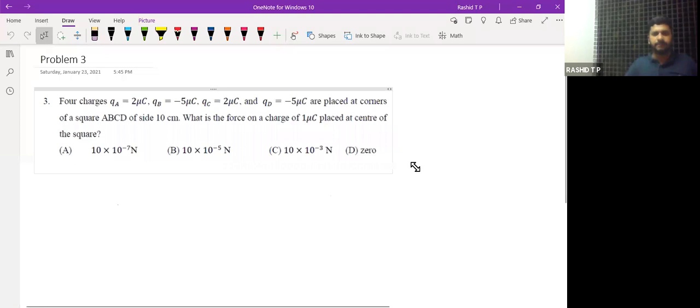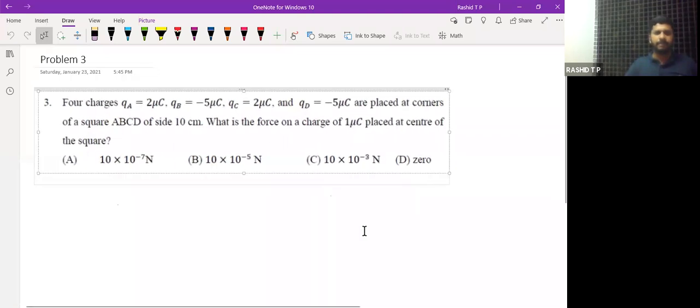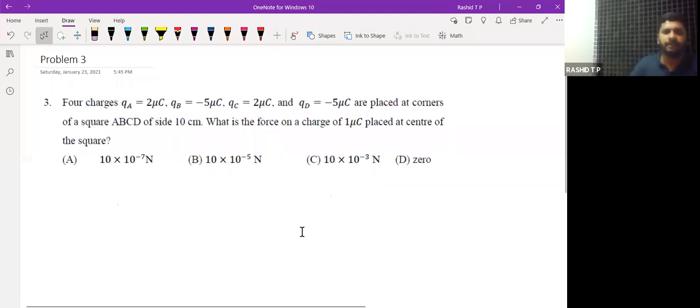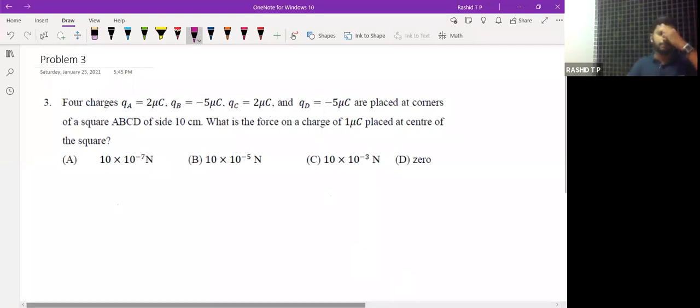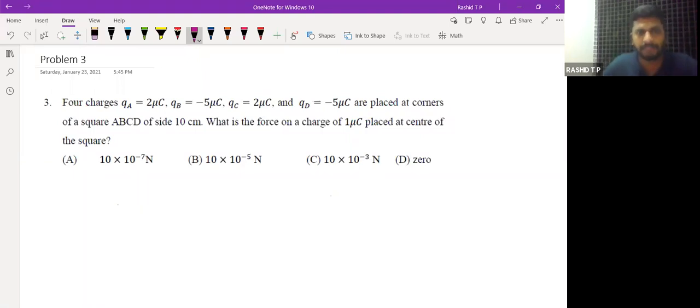Here I may use some properties of vectors. Whatever new shortcuts or ideas we need to use, I will explain when they come up in the problems, because telling the shortcuts and tricks as a separate class is not good, and it will take much time.